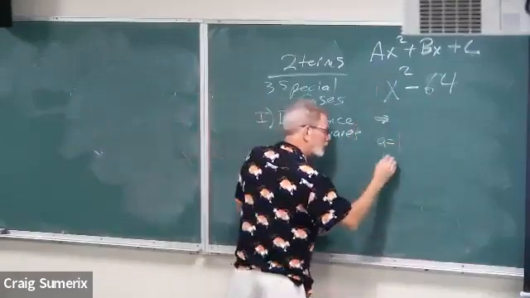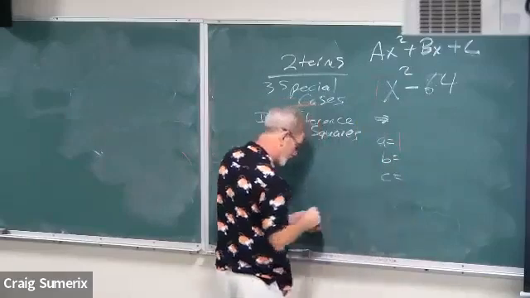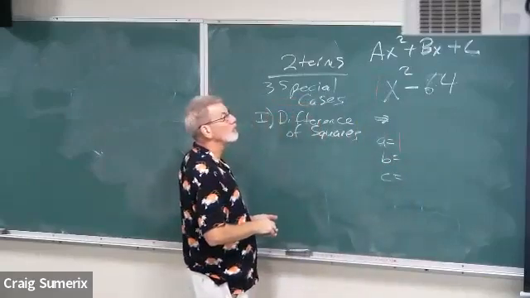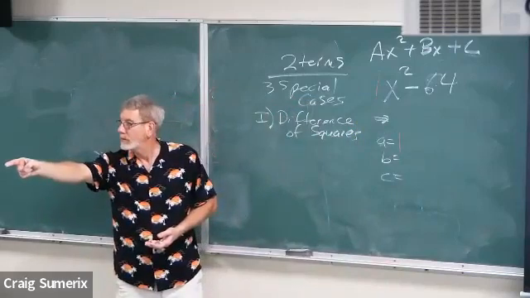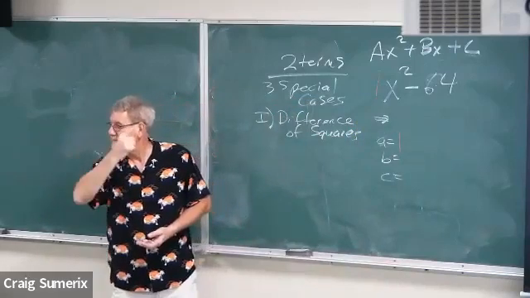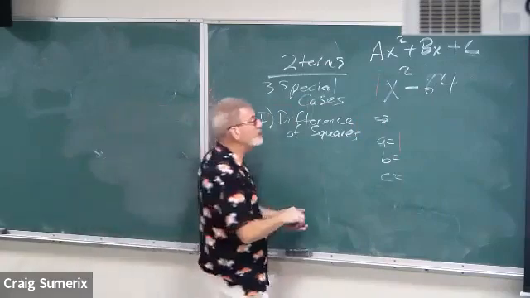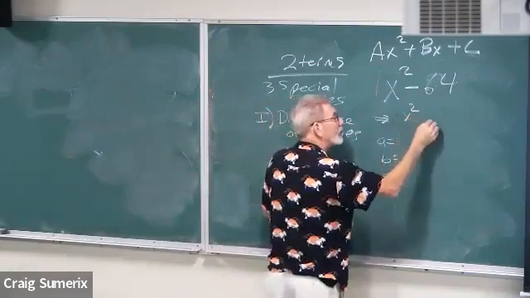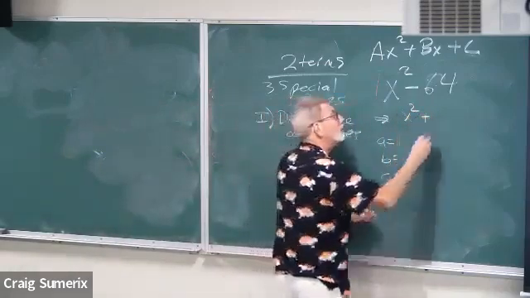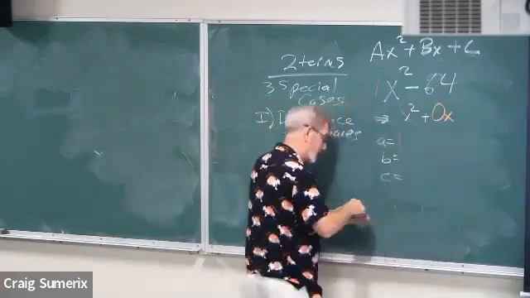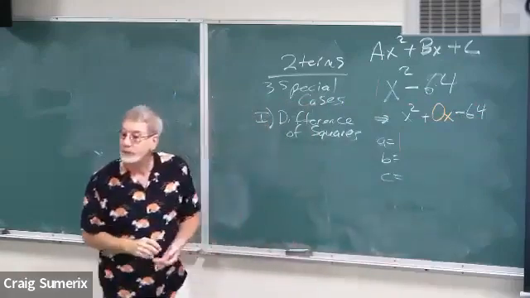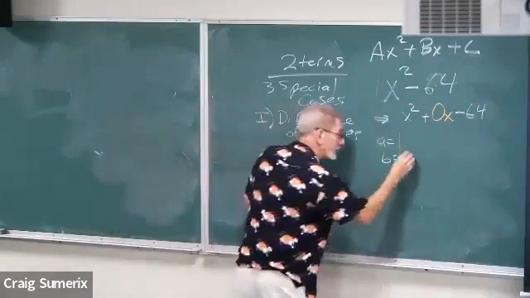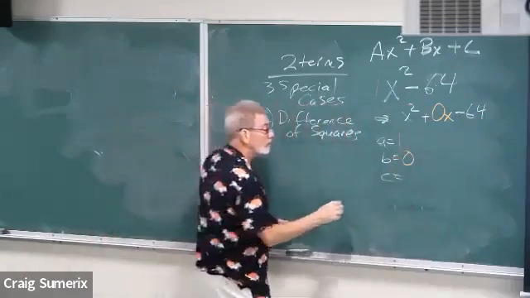What's B? What's that? 0. Bingo. If the X term isn't there, that means it must have been X squared plus 0x minus 64. Do you see how now you could do the AC method on this?